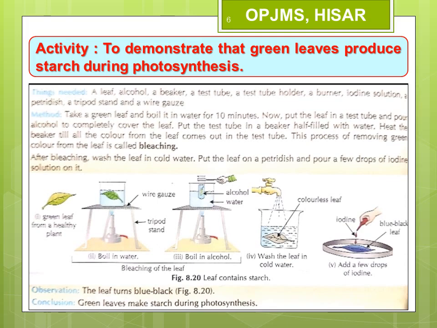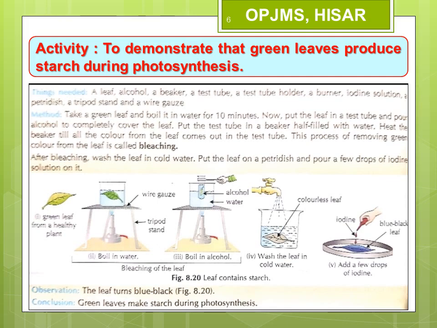The blue-black coloration of the leaf on addition of iodine solution indicates the presence of starch in it. It is because the leaf synthesizes food and stores it in the form of starch. When iodine solution is added to starch, it becomes blue-black in color.